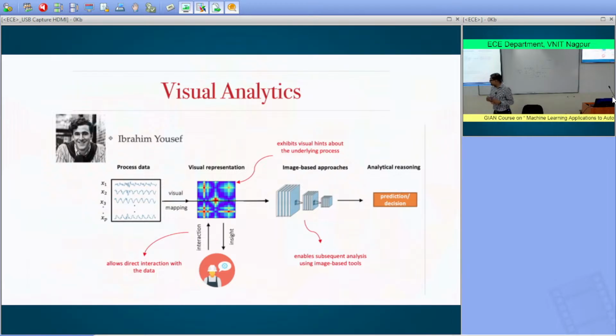So I asked Ibrahim to see if he can use those image processing algorithms on time series data and achieve similar performance. Right? He did exactly that. He took the process data, time series data, represented it visually as an image, and then applied image-based approaches for prediction and decision making. Okay, so this is a pretty cool piece of work. Check out his papers on my website.